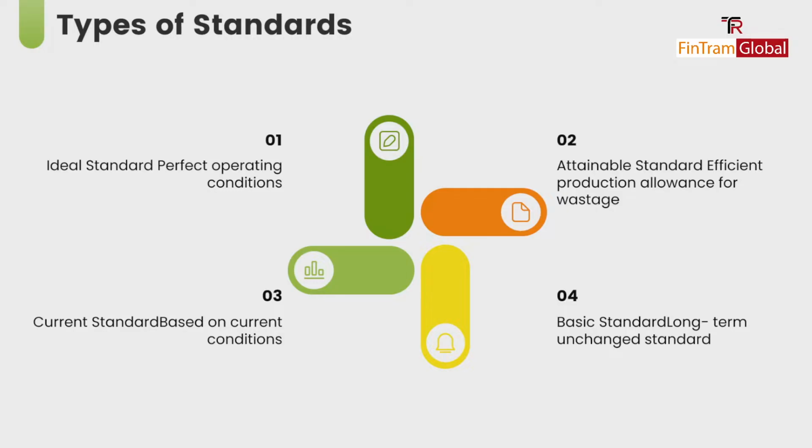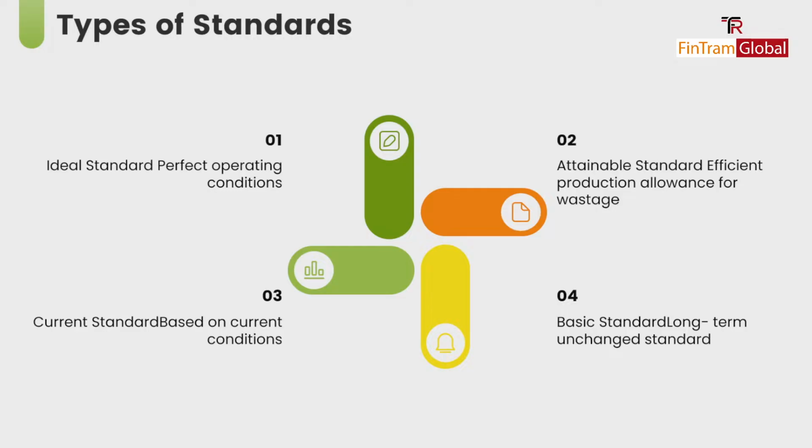So ideal standards are basically those standards which we set up at the very top level. It's basically when we set the bar at the most perfect level, I would say. Okay, folks, so we're assuming that everything will go right, nothing is going to go wrong, no inefficiencies, no wastages. So what would be the ideal scenario is what we look at when we set up ideal standards.